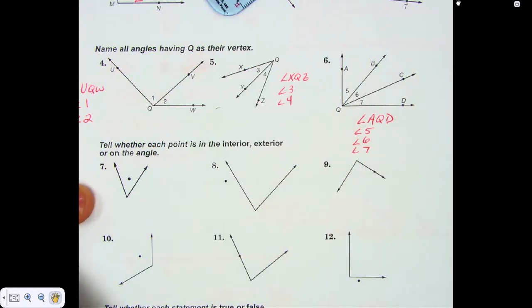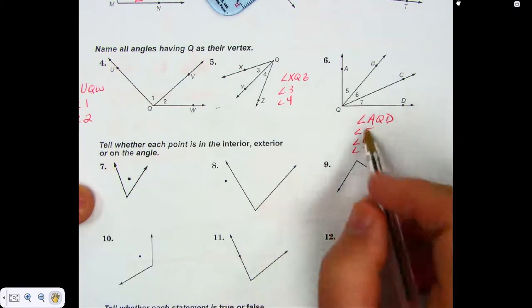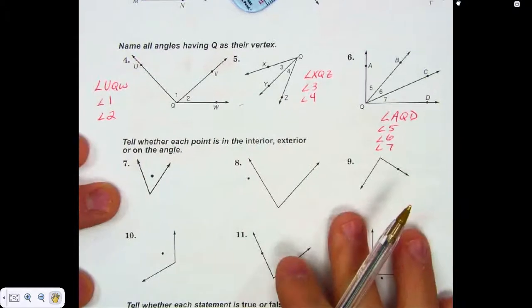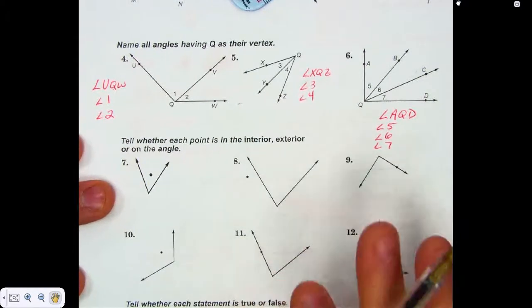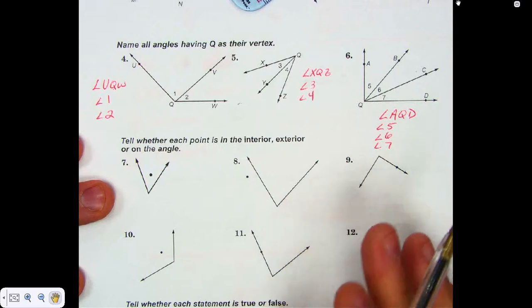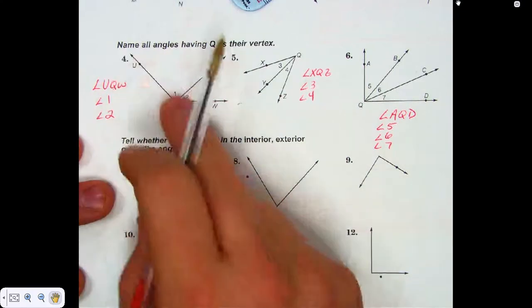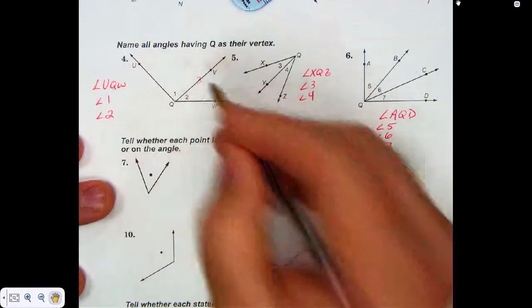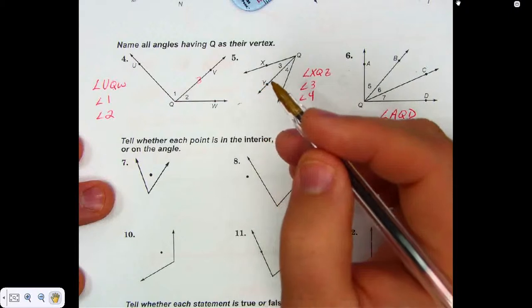Now, you say, why don't we use numbers all the time to name these? Because it's so much easier to write down. It's so much easier to see which angle you're talking about. It's for this reason right here. In all 3 of these problems, could we name every angle using a number? Yes. No. Which one could we not? The biggest one, because where are you going to put the 3? Right there? That would be confusing, wouldn't it?